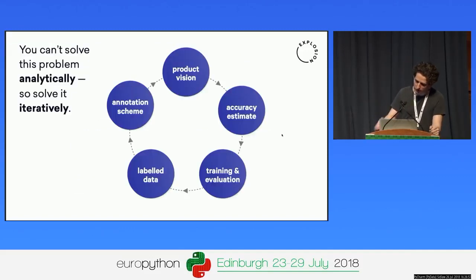Okay, and so this is really the solution here. As with any other thing with cyclic dependencies, we can't solve this problem analytically. We have to solve it iteratively. So we have to basically, as quickly as possible, start moving through the cycle and say, all right, what would it look like if I could make this work? Here's how we can actually export the model and have it plugged into the rest of the product.